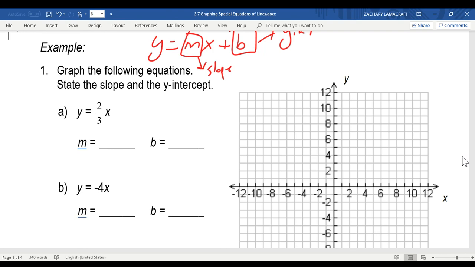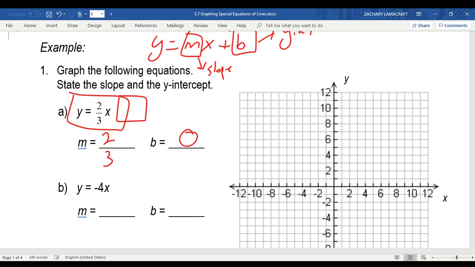So in this case, it kind of looks strange because we have y equals 2x and then nothing else. So typically we have plus b. But what you need to just kind of realize is that it's literally just plus 0. There's nothing there, so it's 0. So in this case, the slope would still be the same, 2 over 3. And your b, or your y-intercept, is 0 because really it's just non-existent in our equation, okay?